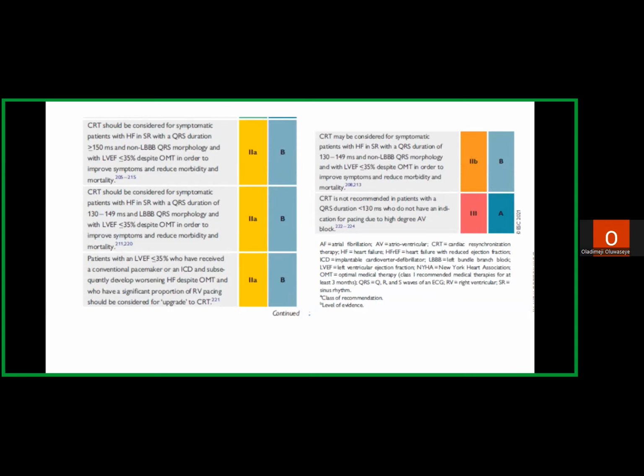So that is why His pacing, when it started around 2014, 2015, the data generated did not show any benefit. In fact, it was a flaw because you did not overcome the left bundle branch block. You were pacing above the block, not below the block. So that was why CRT was more useful.